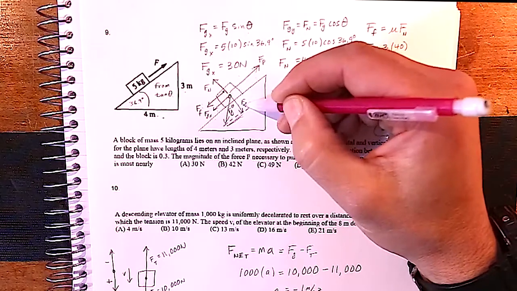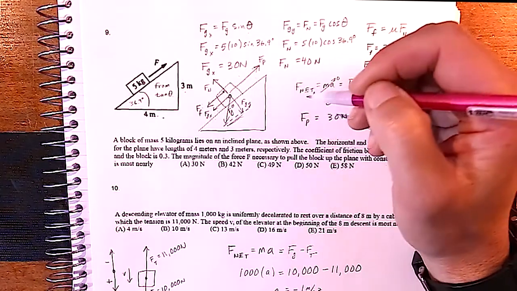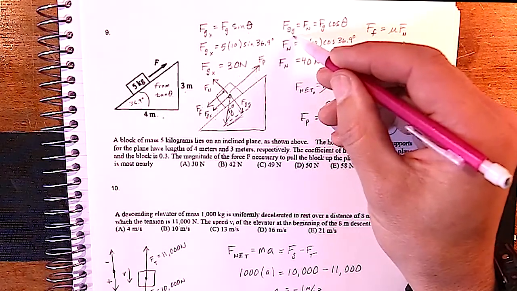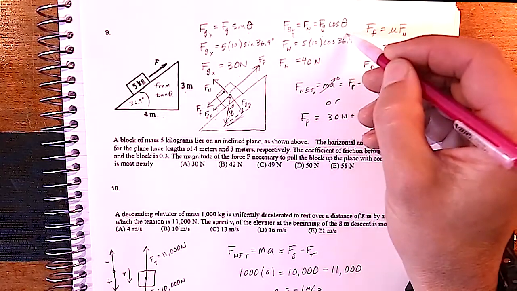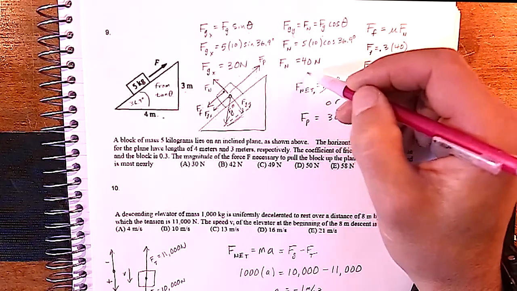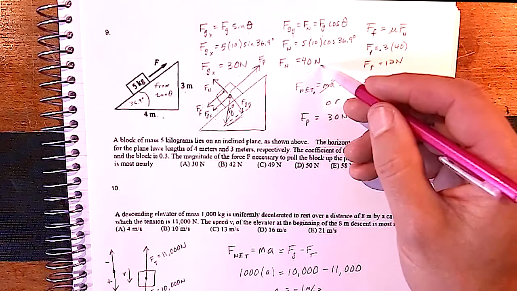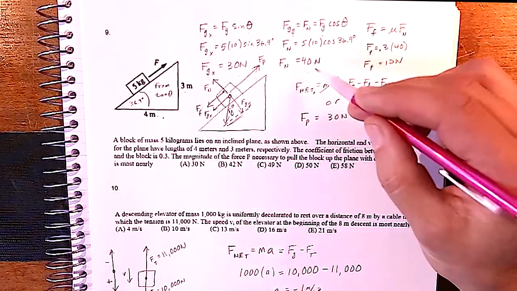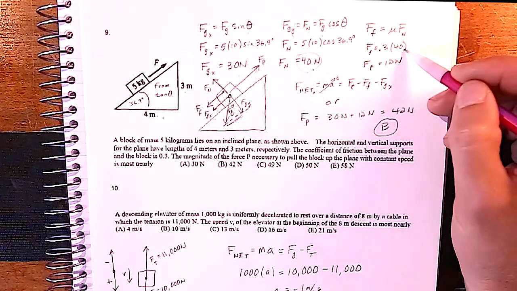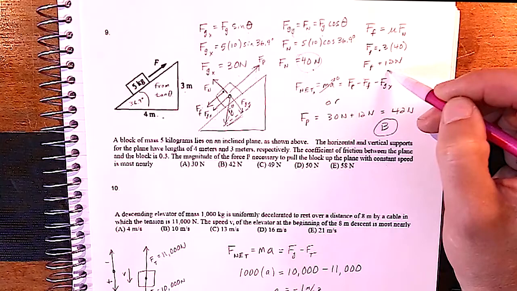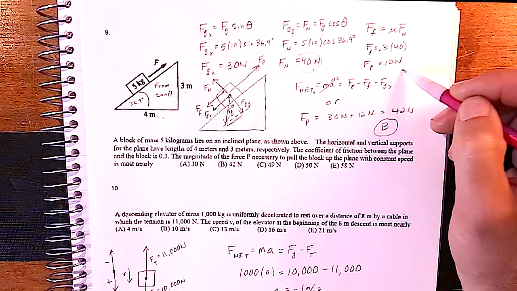So that's going to be our adjacent side, so that's going to go with cosine. So the force normal, being equal to Fgy, is Fg cosine theta. So the force normal, throw the numbers in, comes out to 40. But we need to find out the actual value of friction. So using mu Fn, we can take this 40, put it in for the force normal, multiply it by 0.3, and that gives us a force of friction of 12 newtons.